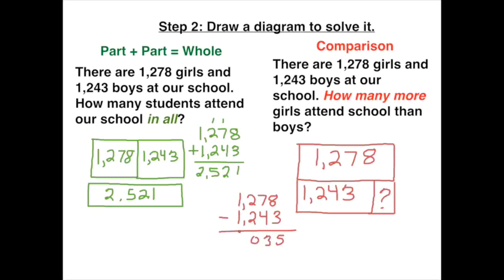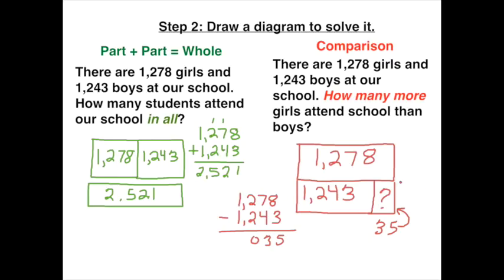And 1 minus 1 is 0. So we have just 35. So 35 go in here. That tells me how many more girls attend. Well, there's 35 more girls in school than boys. Okay? All right.